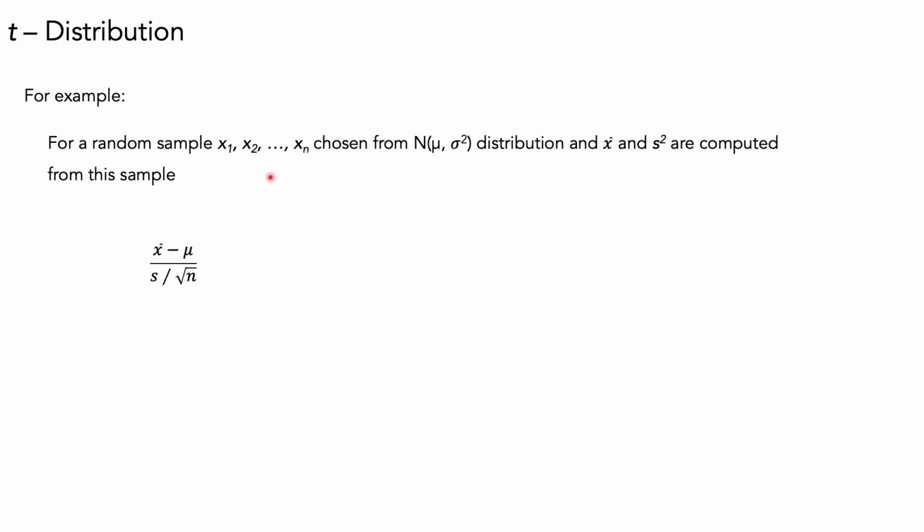Then this one, x-bar minus mu divided by s over square root of n, can be expressed like this, and we can see that this part, if you can recall, is the expression of a standard normal variable. It can be written like this. It is not equal to this, but this is showing that the numerator has a standard normal distribution while the denominator has a chi-squared distribution.